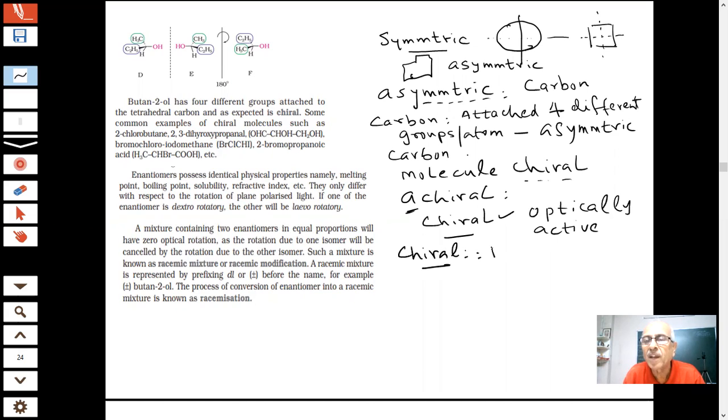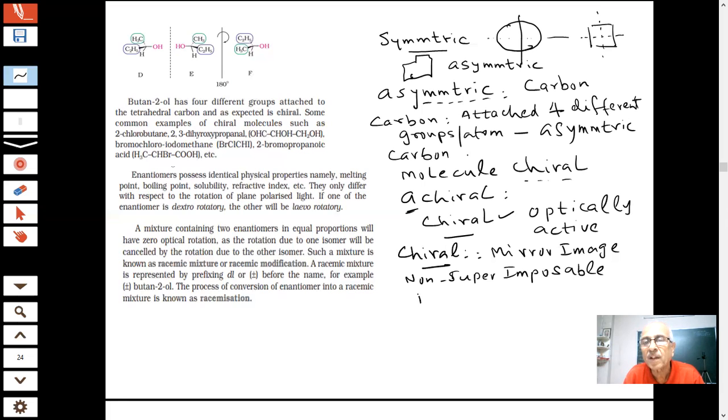then it will have a mirror image, students, which will be non-superimposable. And a non-superimposable mirror image is known as an enantiomer. So anything which is chiral, which has an asymmetric carbon, will have a mirror image which is non-superimposable.